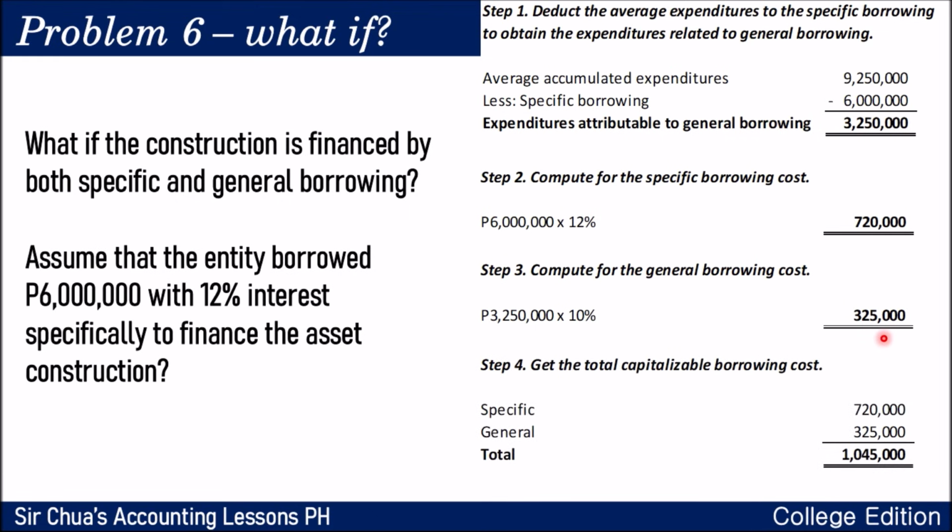And then pag-add nyo lang yung dalawa, ang specific borrowing natin na capitalizable borrowing cost is 700,000 and then sa general naman po 325 for a total of 1,045,000. Okay, pero i-check nyo mabuti ha, kasi kung yung general natin capitalizable borrowing cost is 325,000, check mo dun sa original, which is 1 million yung talagang general borrowing natin. So yun yung mas lower, yung general na 325,000.